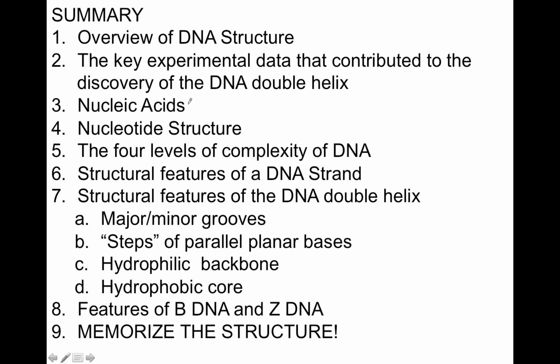We learned that there are different types of nucleic acids, what the structure of the nucleotide is, the 4 levels of complexity of the DNA, and a few key features of the DNA strand, such as the major and minor grooves, anti-parallel, the fact that the bases are perpendicular to the axis of the DNA, all of these things here. There's a hydrophilic backbone and a hydrophobic core. There's B and Z DNA, and a very important structure to memorize.